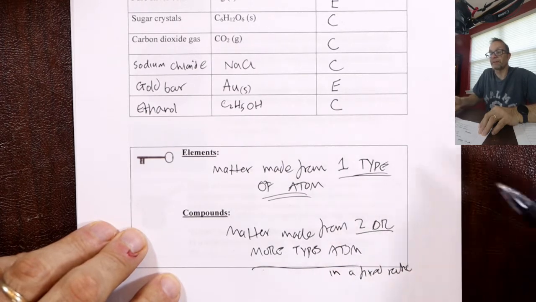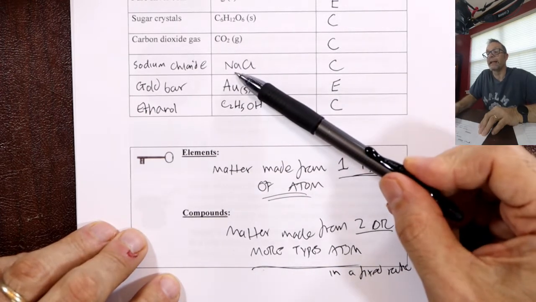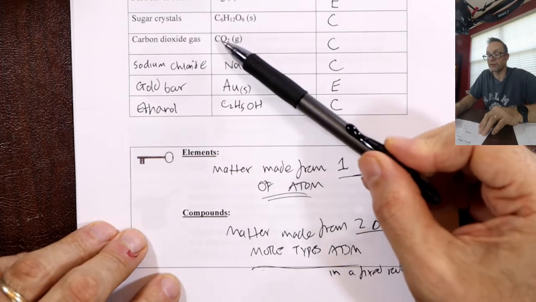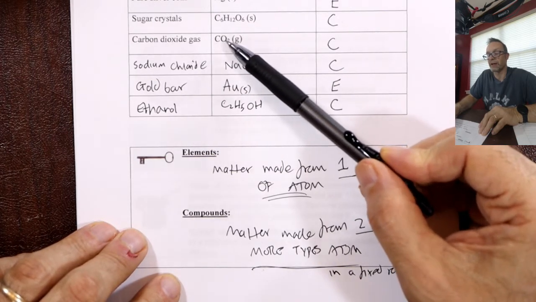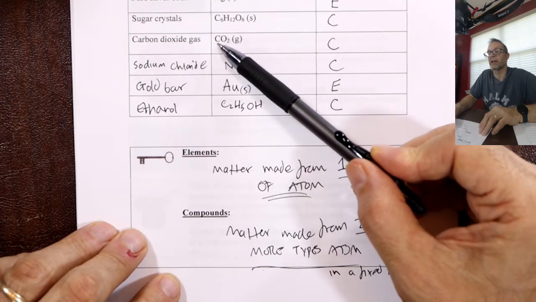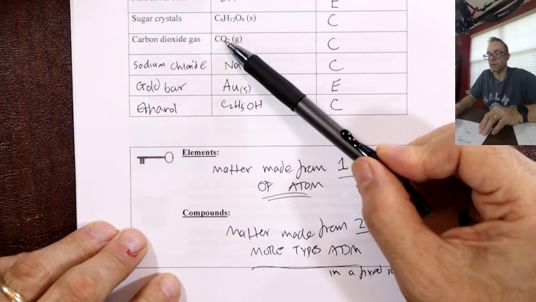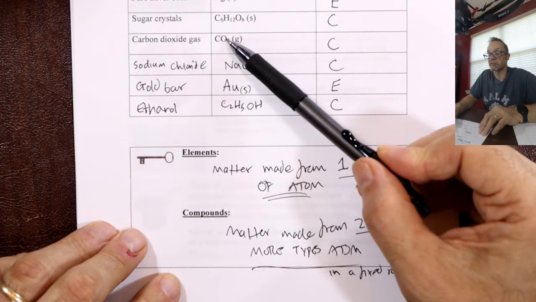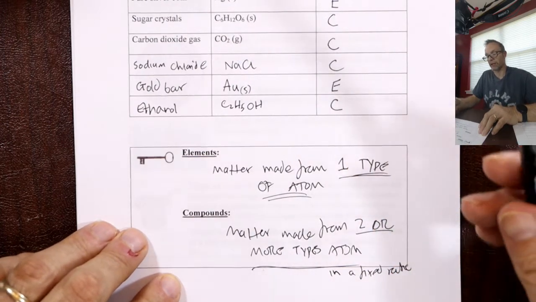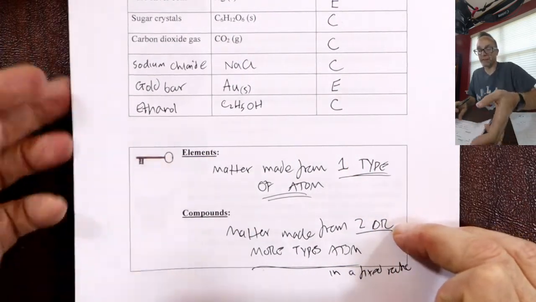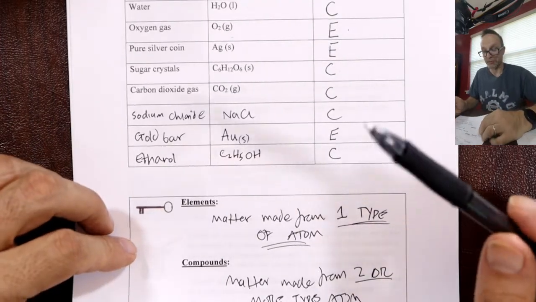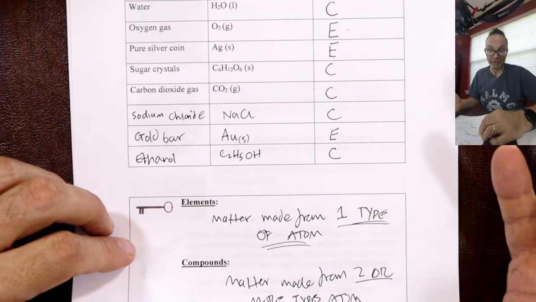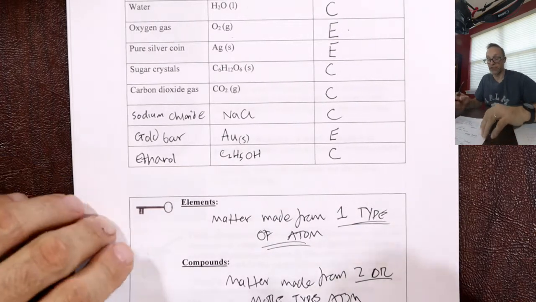If you look, for example, at sodium chloride, there's one Na for one Cl. If you look at CO2, two types of atoms, C and O, but two oxygens for one carbon. So the formula tells you that ratio, okay? Every formula must, by definition, have a ratio of the atom type. So elements, one kind of atom, doesn't matter how many. Compounds, different kinds of atoms. Again, doesn't really matter how many, but they have to be in a fixed ratio.